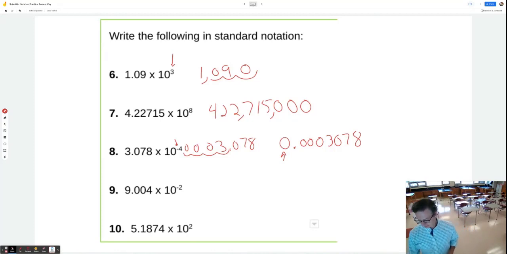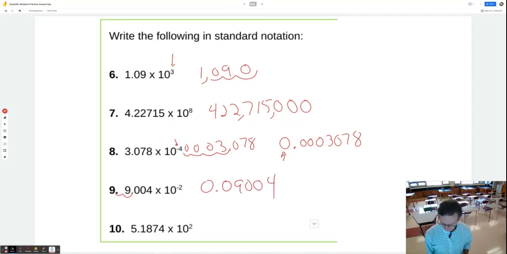Okay, next one, -2. So we're going to end up with a decimal. So if I move this decimal point over twice, I have to add a 0 after the decimal, and then 9004. Last one. This one is 10 to the second power, positive, so I'm going to make a bigger number. So 5, and then 2 places, 1, 8.74.